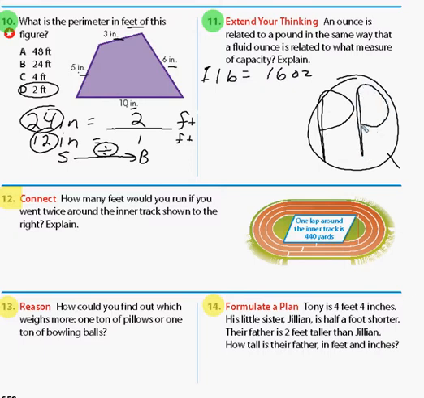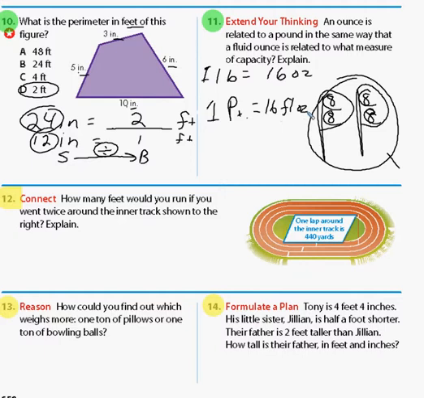Each pint is 2 cups, and inside each cup is 8 ounces. Okay. Now when we look at it like this, it's kind of easy to see 16 fluid ounces right there is going to be the same as 1 pint. So my answer is going to be 1 pint is equal to 16 fluid ounces.